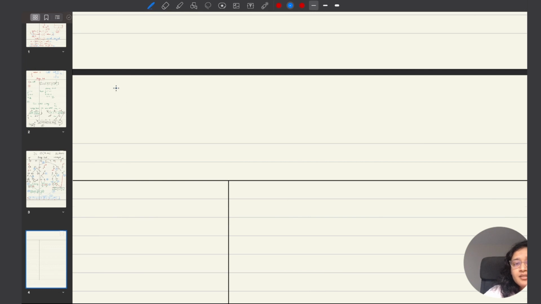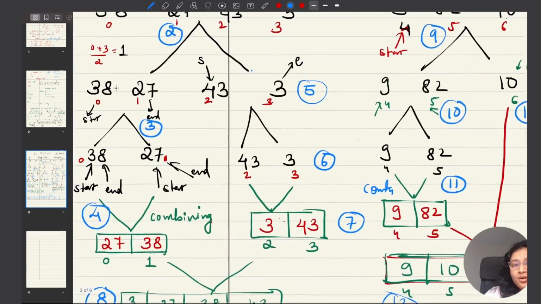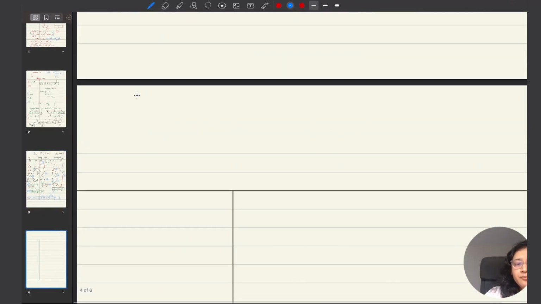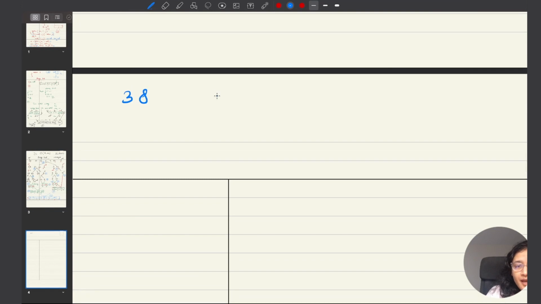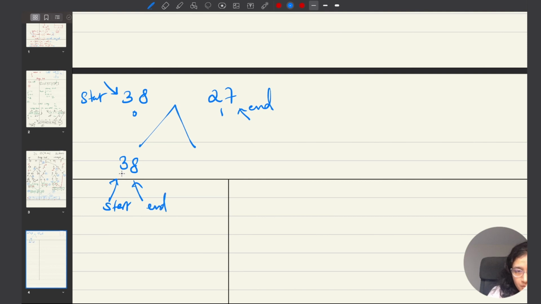Let's understand this. Just take an example of 38 and 27, right? So your 38 and 27 had indexes 0 and 1. If I made a choice of dividing this, this is basically your start and this is basically your end, right? Once you divide this, this is 38, this is your start and this is also your end, which is index number 0.